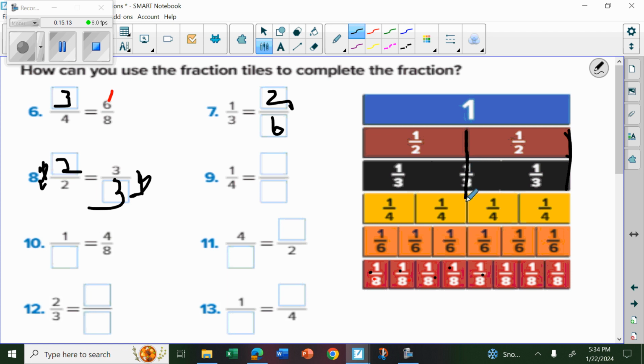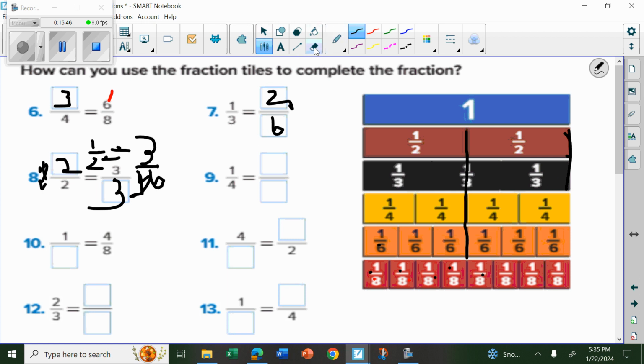Let's see, 3 what? I see 3. It's not 2. We're looking at 3. 1, 2, 3. You can do 3/6. So it can be 1/2 equals 3/6.